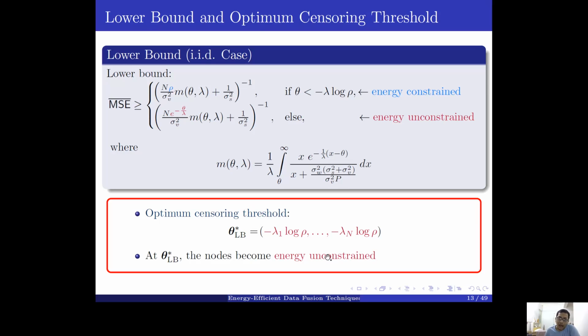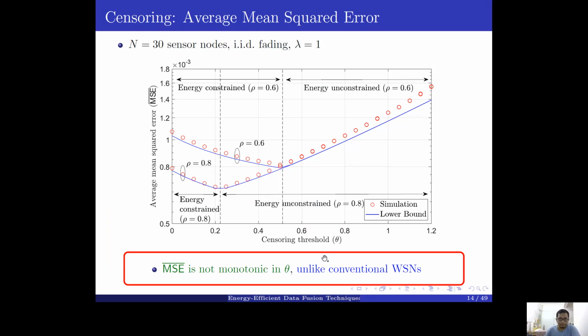Now let's see how the censoring scheme behaves. We plot the average mean squared error as a function of the censoring threshold theta for a network of 30 sensor nodes, where the nodes experience independent and identical Rayleigh fading with a mean channel power gain of unity.